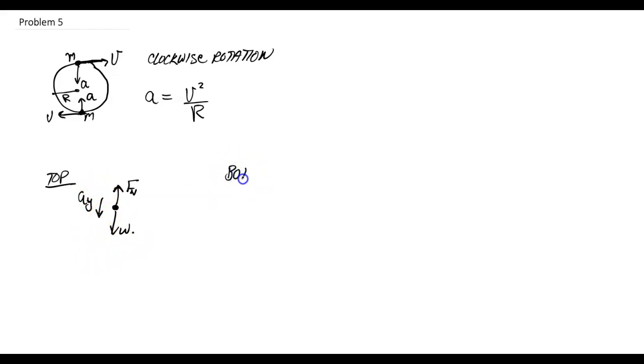On the bottom, we have a similar situation. Let's call this Fn on the top. On the bottom, we have Fn on the bottom. We have the weight, and we have the acceleration in y, but in this case it's going upward, as the pictures first say.